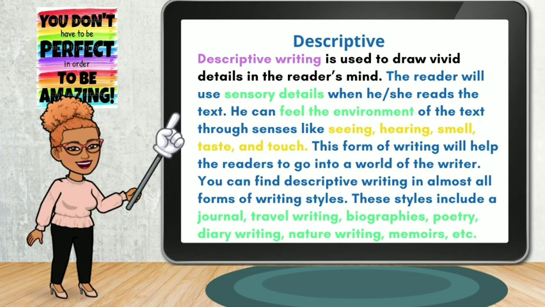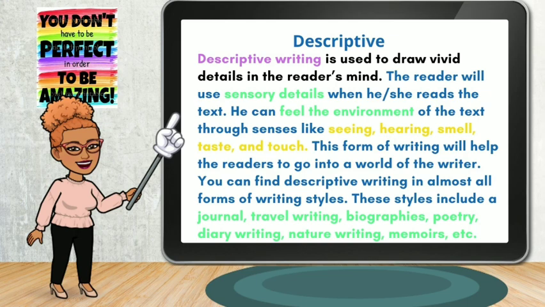Descriptive. Descriptive writing is used to draw vivid details in the reader's mind. The reader will use sensory details when he or she reads the text. He can feel the environment of the text through senses like seeing, hearing, smell, taste, and touch.